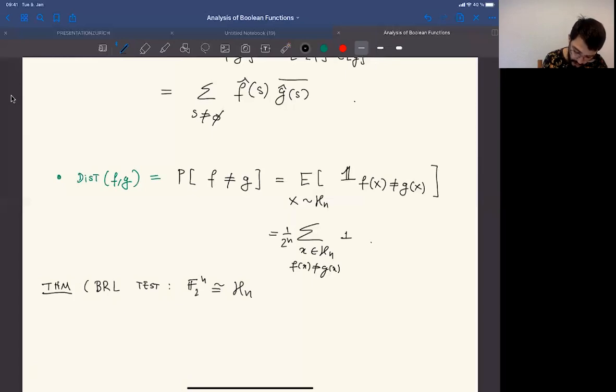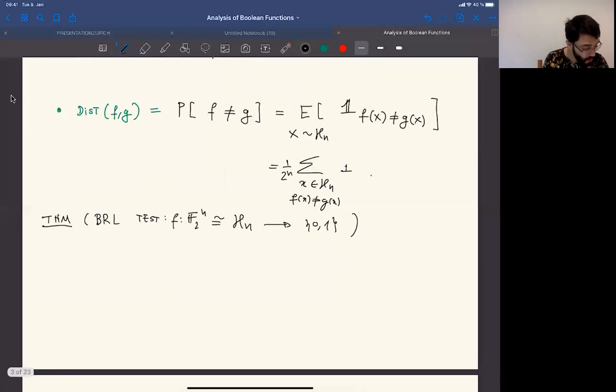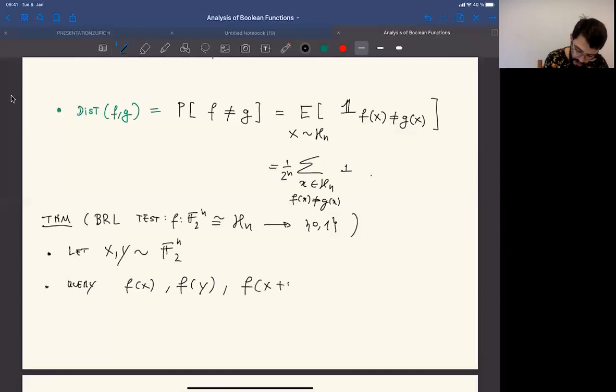And so I will have a function, so this will be for a function from here to the set {0, 1}. Okay. And what is the test? Well, step 1, let x and y be uniformly distributed. Then you query f of x, then f of y, then f of x plus y.